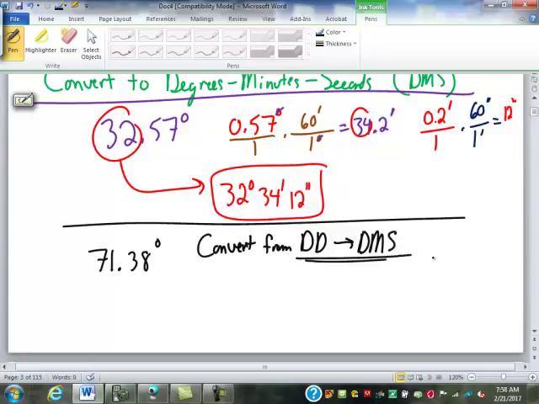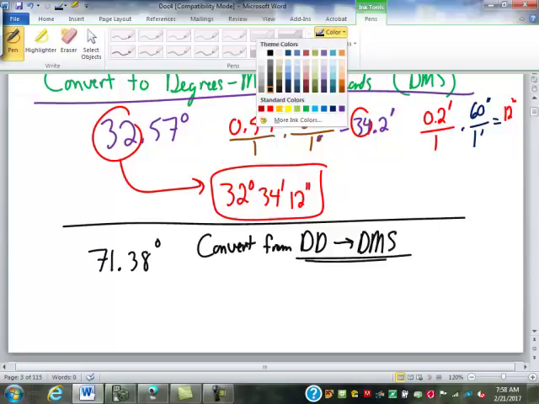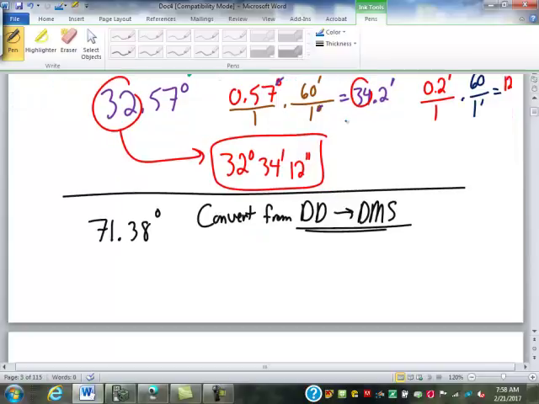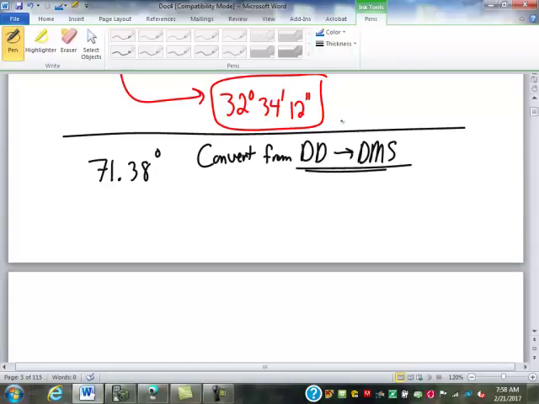That's the button you'd be looking for on your calculator, by the way, DD to DMS. Depending on your calculator, the Casio actually has a button there, and on the Texas Instruments, you have to go through a menu to get to it.